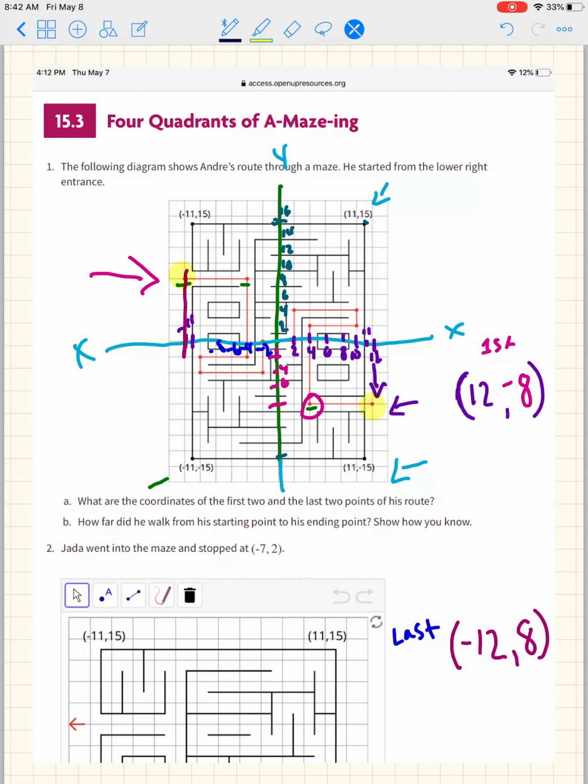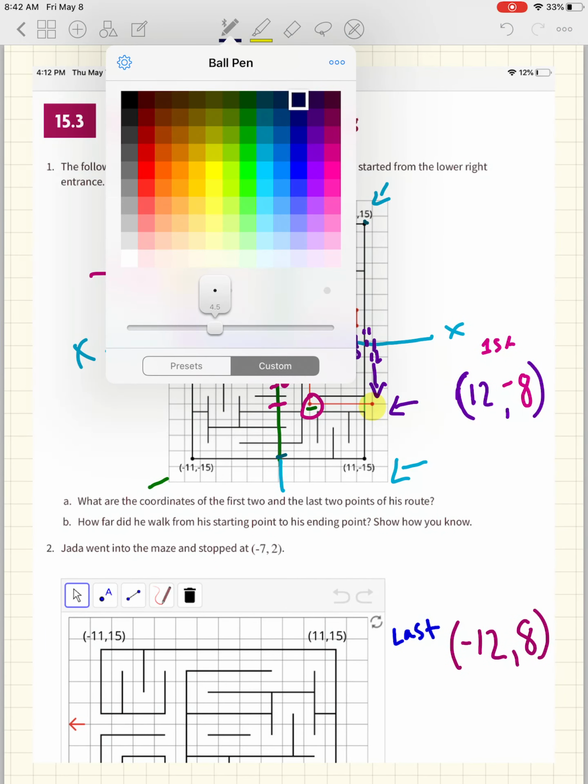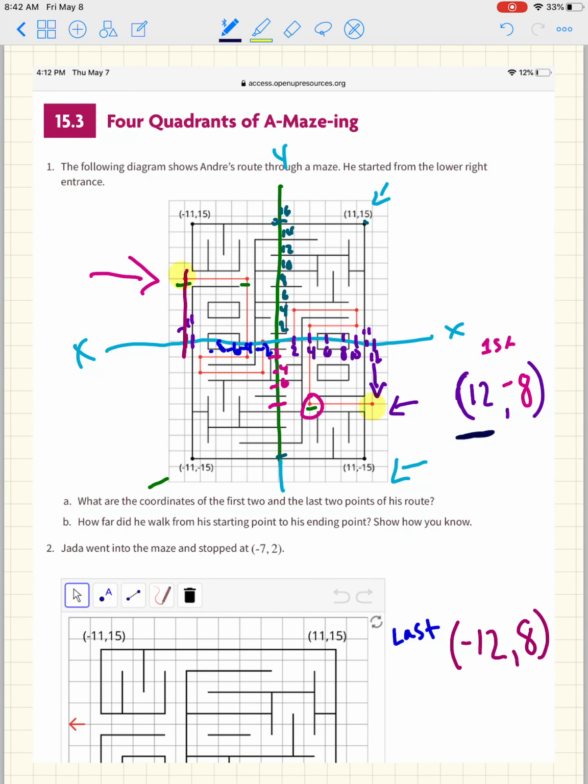Just looking at the x values, we have 12 steps to the right of 0, and 12 steps to the left of 0. So that's a total of 24 steps from this point to this point. I got that from 12 plus 12.